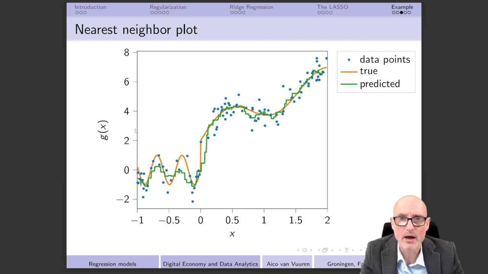On the y-axis, we have either the outcomes with respect to these blue dots, the simulated data points, or the outcome with respect to g x. And again we have 100 different data points, and again the best predictor is this orange curve. If we would like to do as well as possible, we should use this orange curve.